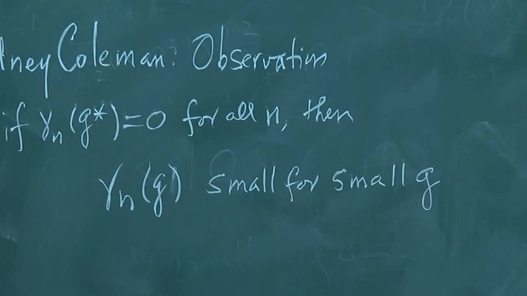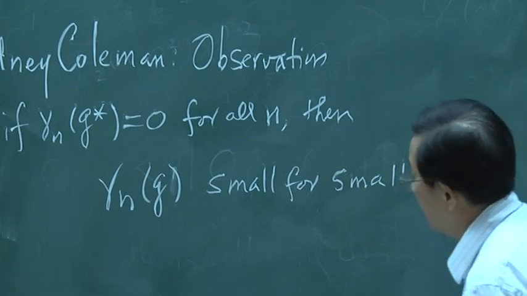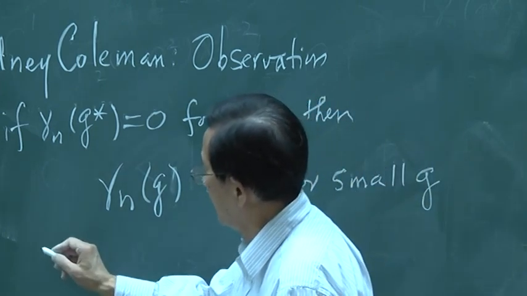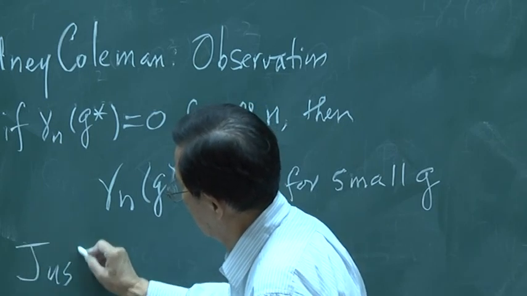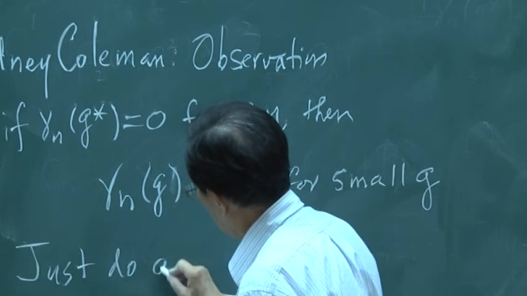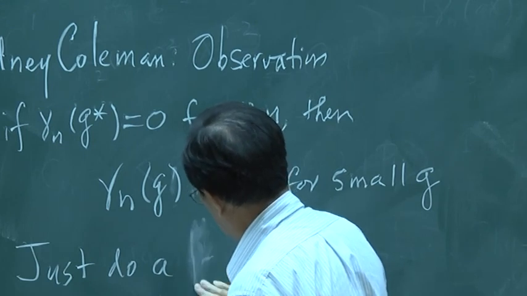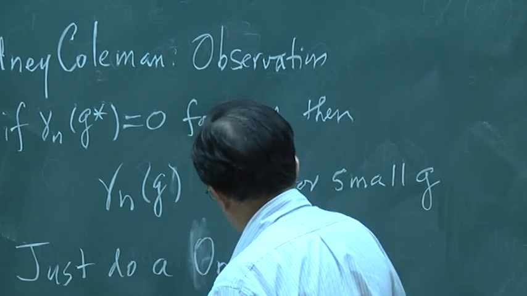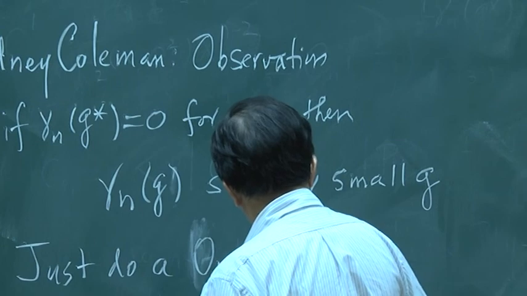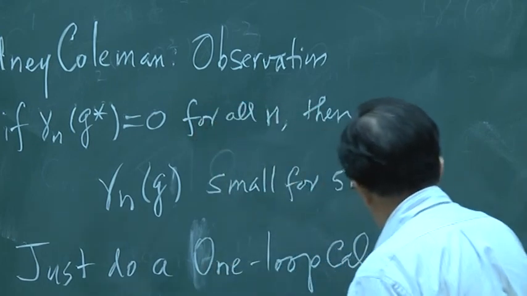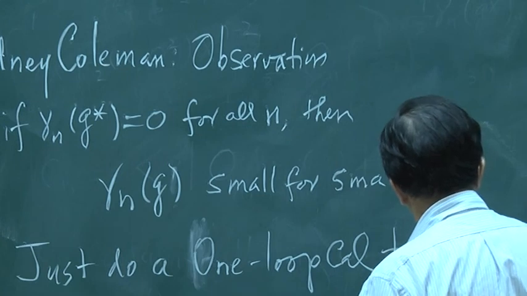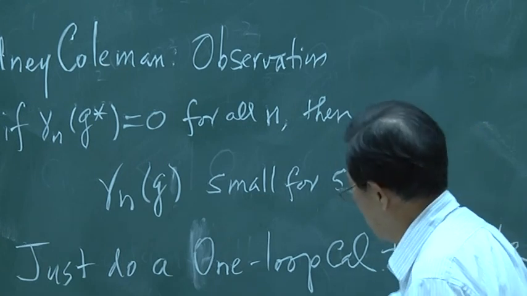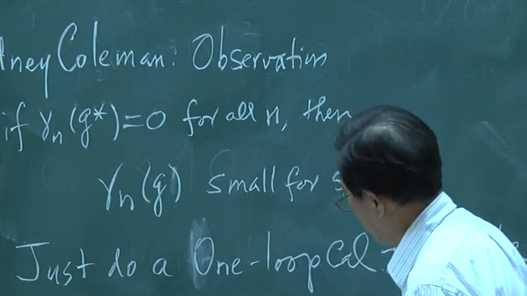And so what you have to do is just a one loop calculation to compute this gamma n of G.